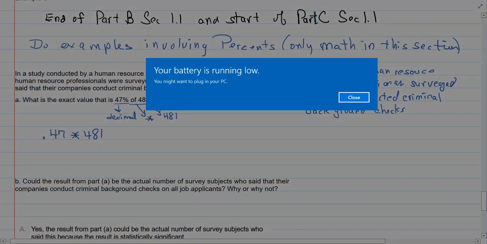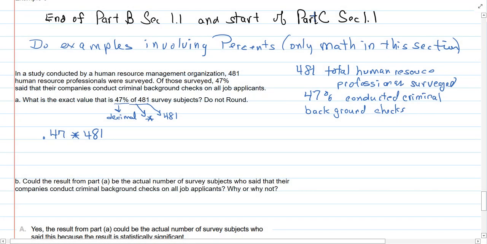I'm going to take out my calculator. Sorry about that. Take care of, been talking a lot. And oh, there it is. I'm looking for my attachment.